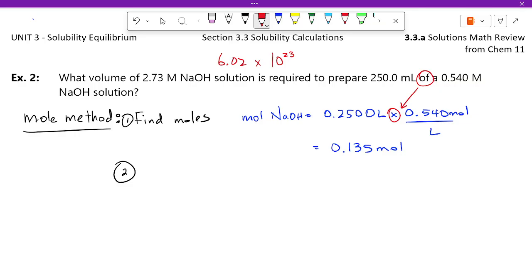What do we do after we find moles? We find whatever the question is asking us for. And in this case, we are finding volume.